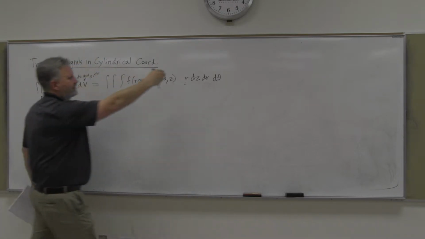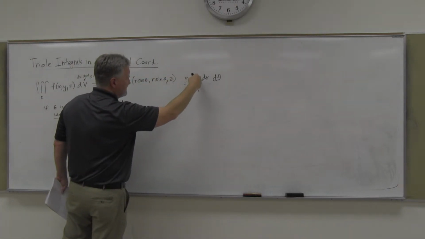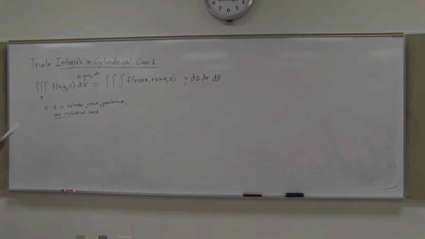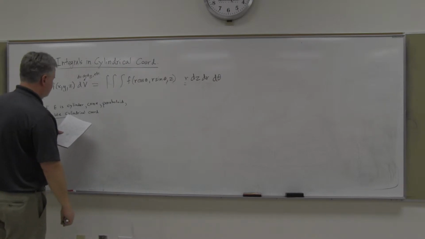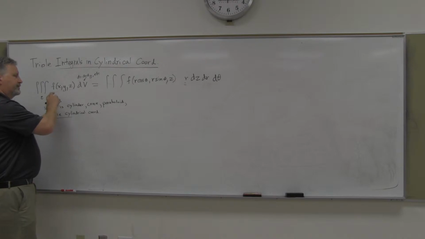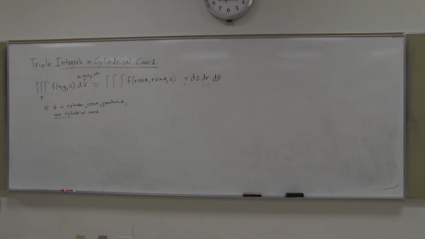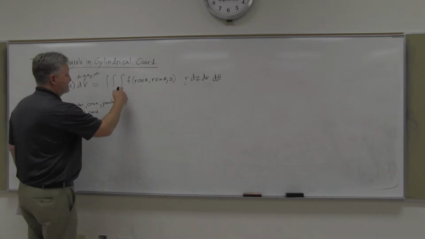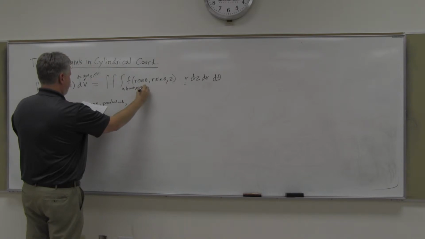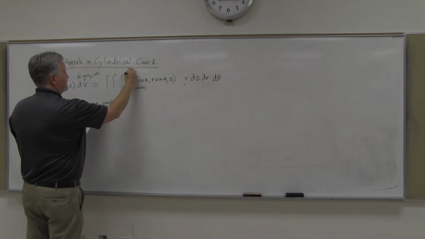So again, the order that typically you want are dz, dr, and d theta. So the z's are first. Typically you have z in terms of x's and y's. Well, in this particular case, the z's are going to range from u1, where x is r cosine theta and y is r sine theta, to u2.